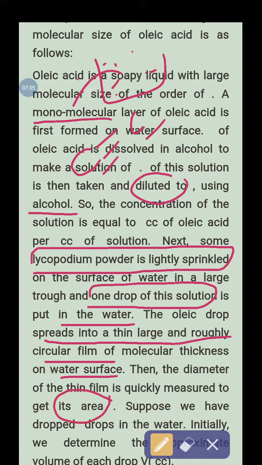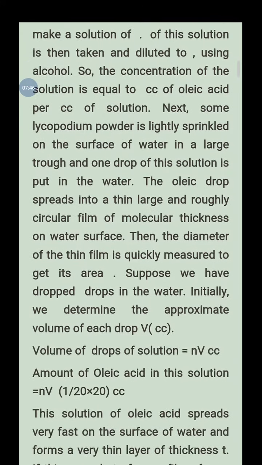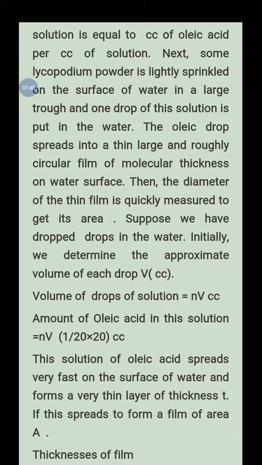When we put this drop, we get a thin layer in that area. Suppose we have dropped water initially. We determine the approximate volume of a drop, say V in centimeter cube.